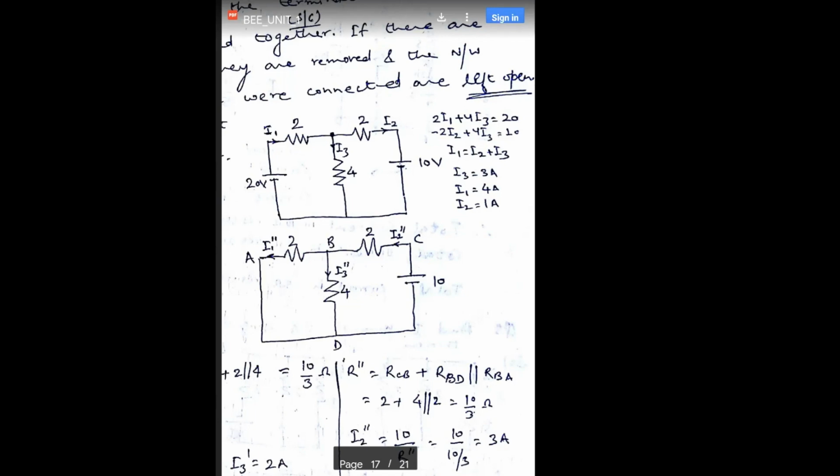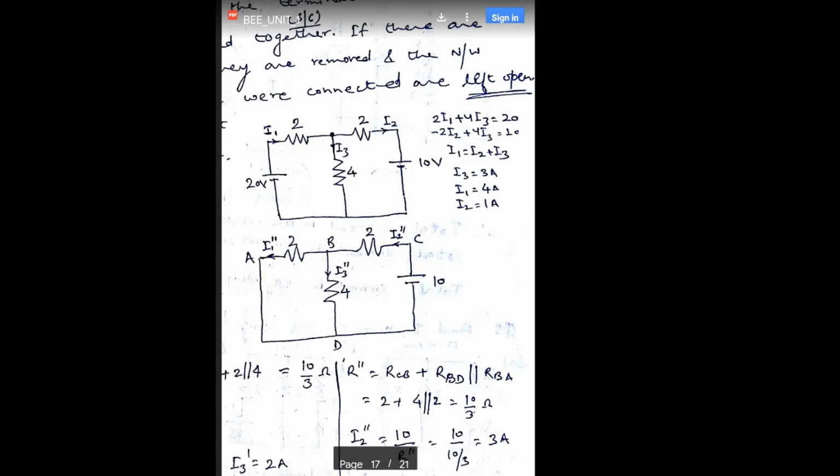So we can obtain the first equation as I1 equals I2 plus I3 using KCL, and two equations can be obtained using the application of KVL in these loops.